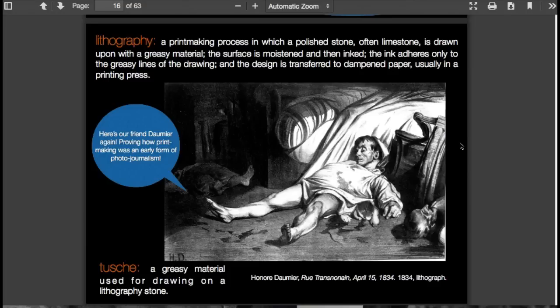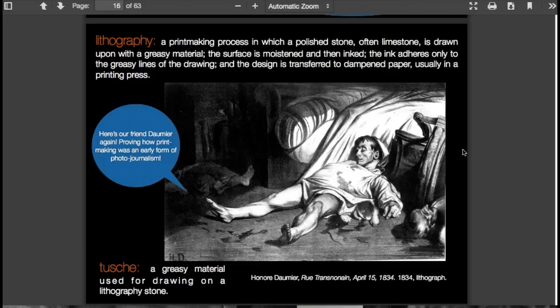And this is a true story. This isn't necessarily an exact scene, but it is based on what actually happened. Because he did this as a print, he was able to proliferate this image and people were able to see it. Seeing an image like this is much more horrific than just hearing about it.